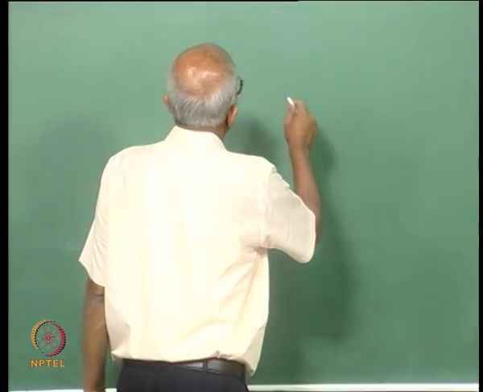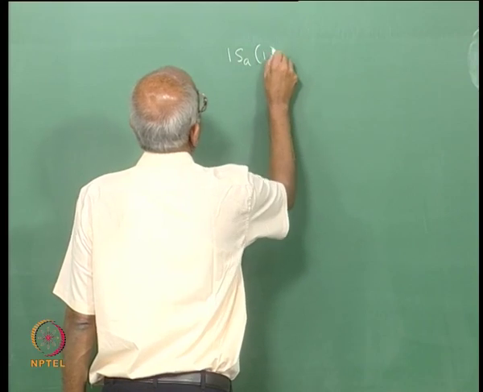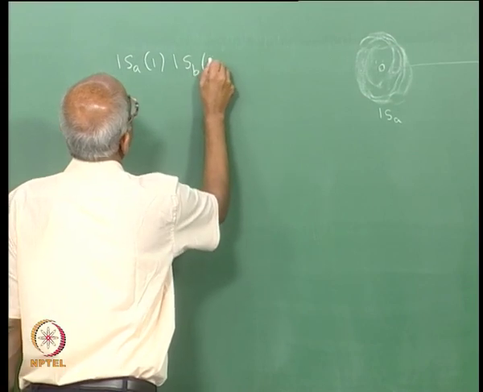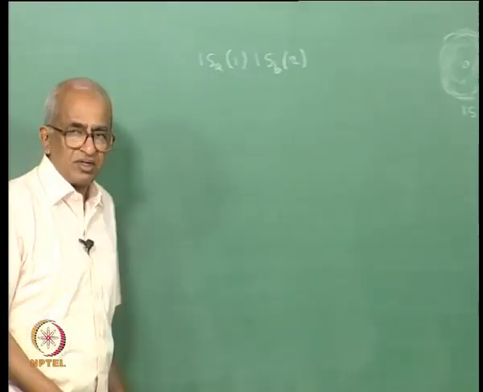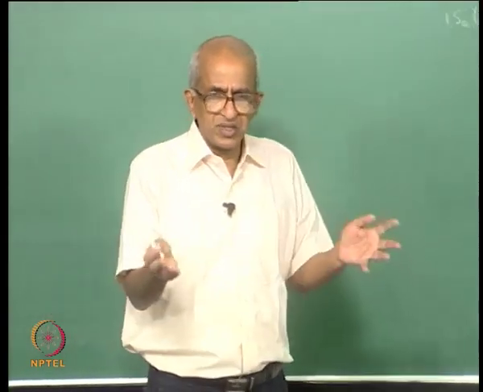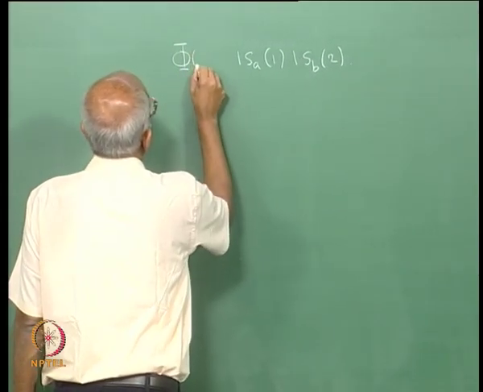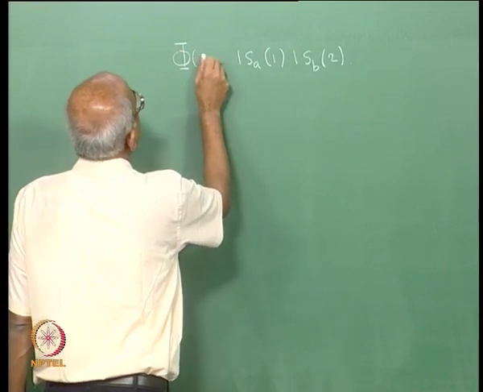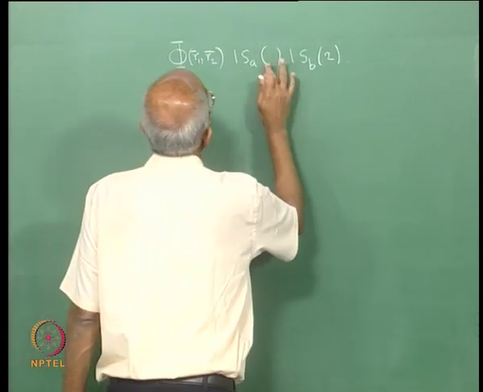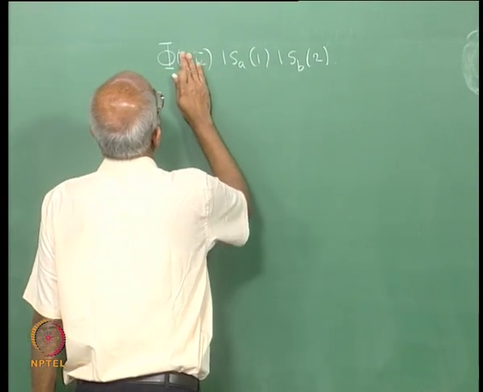So you would have the total wave function given by 1s A, say electron 1 is in 1s A and electron 2 is in 1s B. I can use this as the trial function. Maybe I will use the symbols 1 and 2, that will make the notation easier to write.